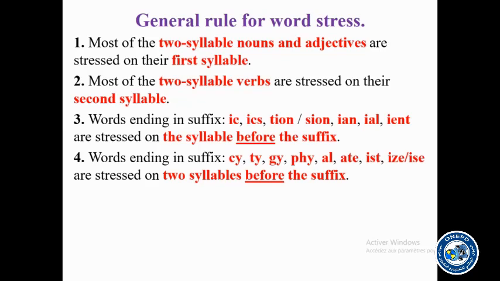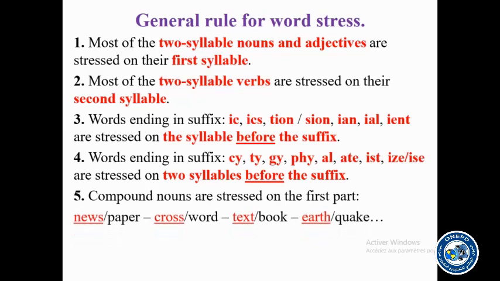Some compound nouns, which we did not speak about, are stressed on the first part. For example, newspaper. Newspaper is a compound noun, that is to say, a noun formed with two independent nouns. Crossword, textbook, earthquake.